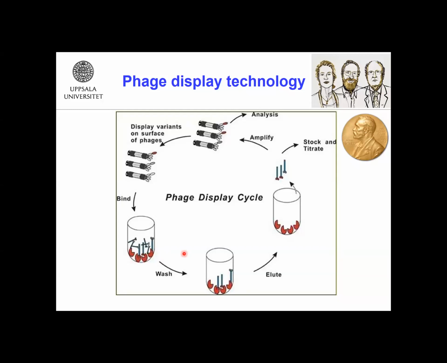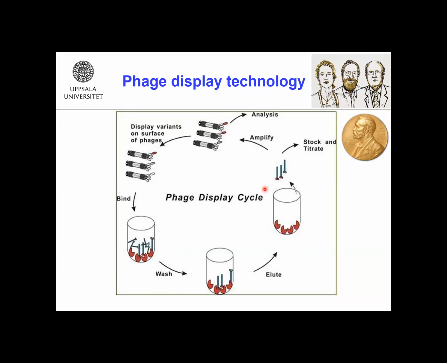But in this case, you increase the harshness of washing conditions, and only stronger binders would remain bound to the molecular target. And this process is called panning, like washing the gold from the sand.